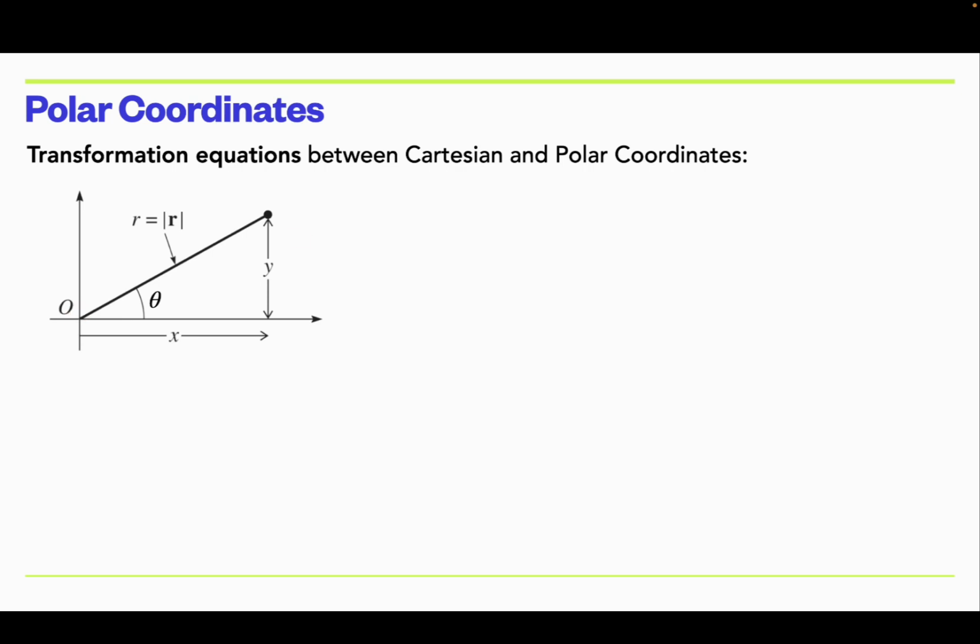If we have the origin here, we have a point out here in the xy plane. For polar coordinates, we look at the distance out from the origin. That's our distance r, and the angle from the positive x-axis we're going to call theta. r and theta constitute polar coordinates. x and y, Cartesian coordinates.